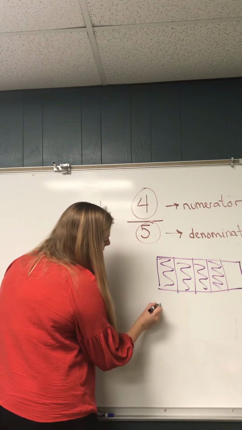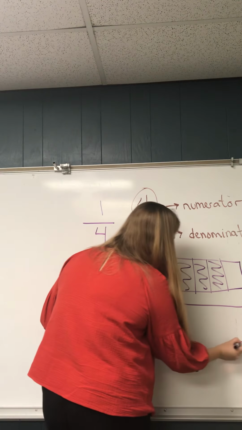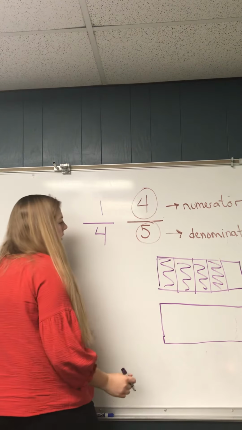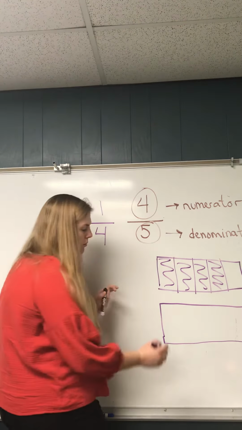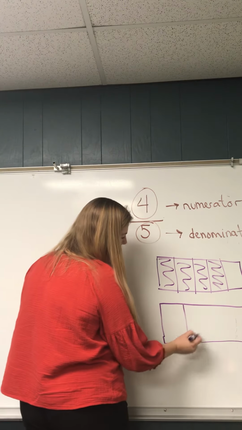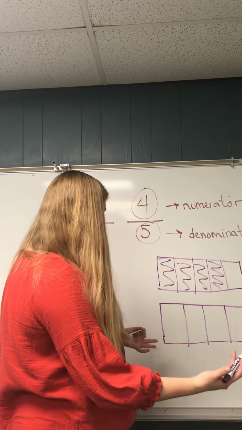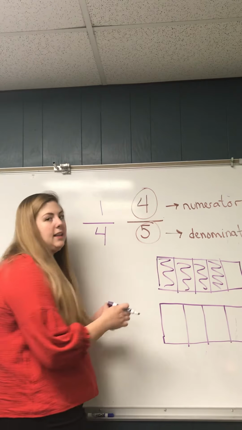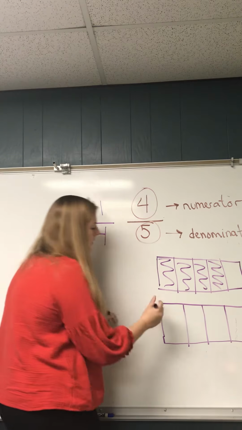So you still draw that whole the same size as the other one, because 1 whole is equal to 1 whole. The denominator tells us how many parts to split it up into, which is 4. Those are equal-ish, right? Okay. And then it tells us how many pieces to draw. And in this case, it is 1.